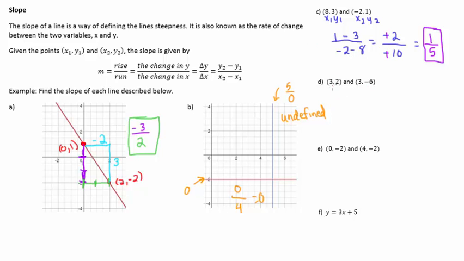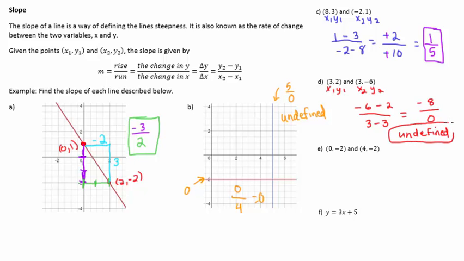Same thing on D, x1, y1, x2, y2. So I have negative 6 minus 2 over 3 minus 3. On top, this is negative 8. On bottom, 3 minus 3 is 0. You cannot divide by 0, just like before. So that means that this is an undefined number.